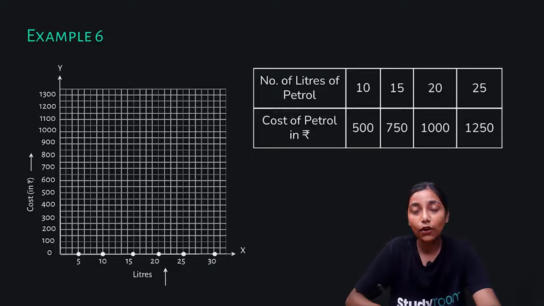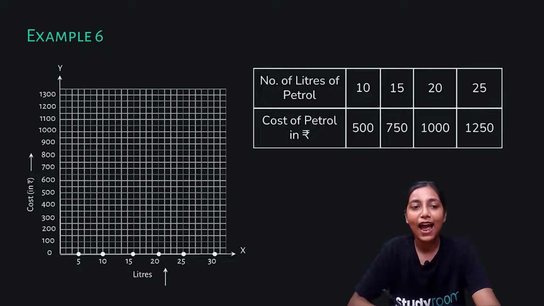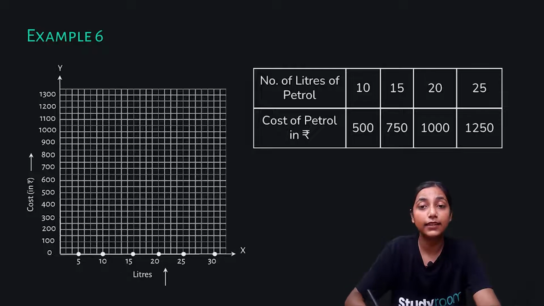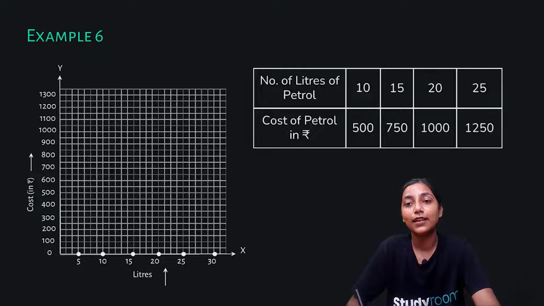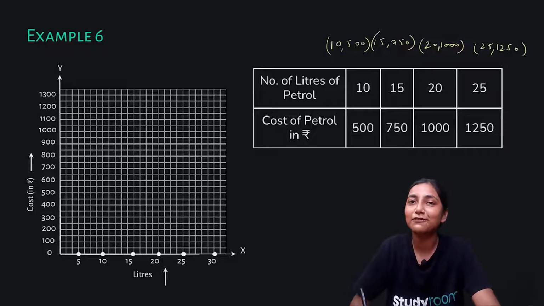On the x-axis, we can easily show the liters of petrol, and on the y-axis, we can easily represent the cost of petrol in rupees. So coordinates will be 10, 500; 15, 750; similarly 20, 1000; and the last one is 25, 1250.